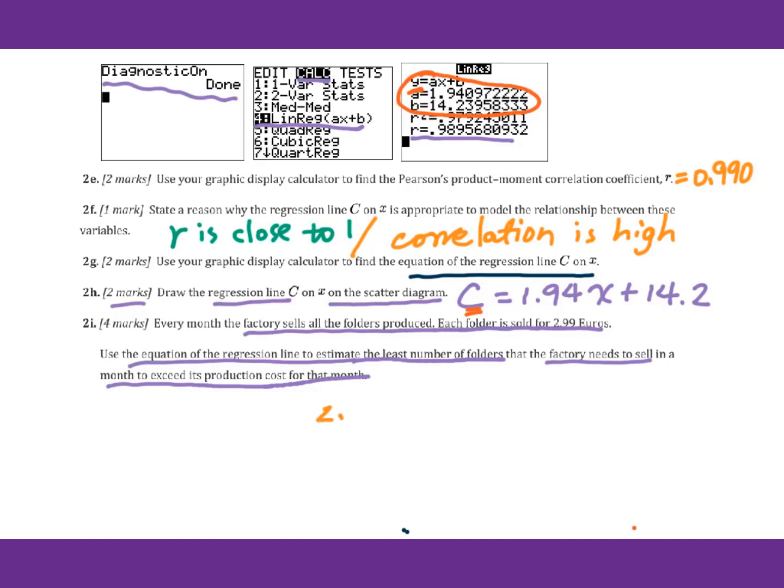So we get 2.99x equals 1.94x plus 14.2. This is the money we got for selling all the folders. This is the cost. We have to compare the cost and the income from selling to figure out this x.